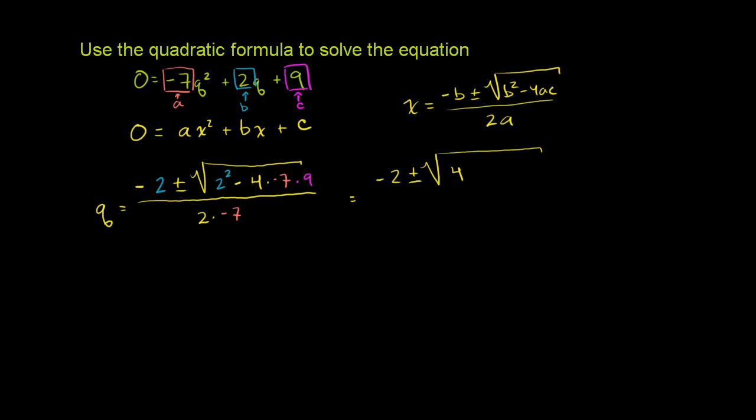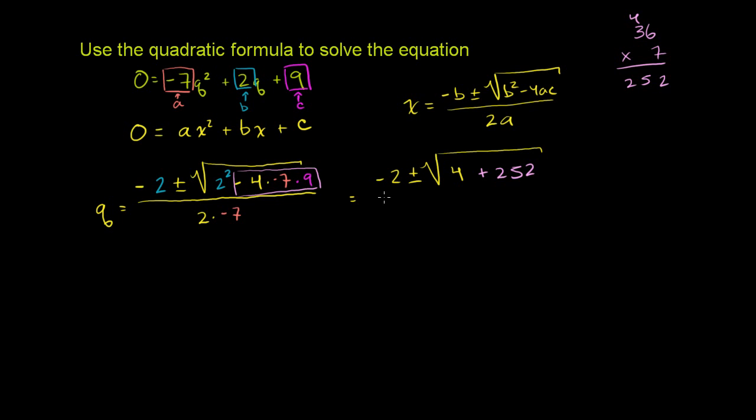And then if we take the negative 4 times negative 7 times 9, this negative and that negative are going to cancel out, so it's just going to become a positive number. 4 times 7 times 9. 4 times 9 is 36. 36 times 7: 7 times 6 is 42, 3 times 7 is 21, plus 4 is 25. 252. So this becomes 4 plus 252. Remember, you have a negative 7 and you have a minus out front. Those cancel out. That's why we have a positive 252 for that part right there.